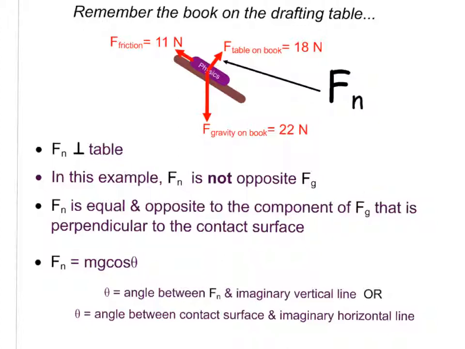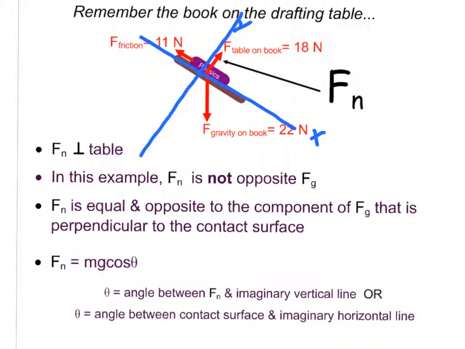In other words, if we were to select an XY coordinate system for this, and let's say we make this the X direction and this one the Y direction, we could say that the Y component of the force of gravity is in the opposite direction of the normal force, because this force of gravity has both a Y component and an X component.